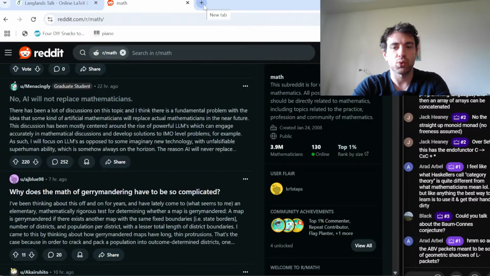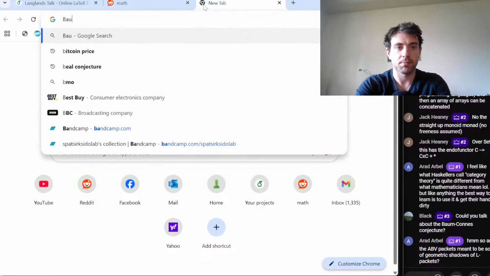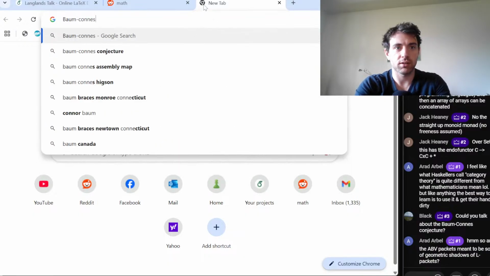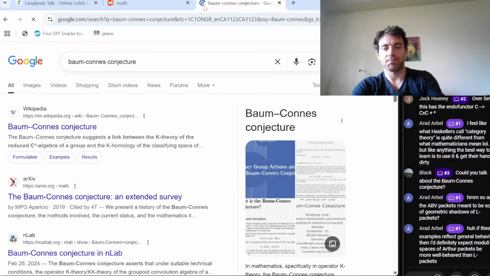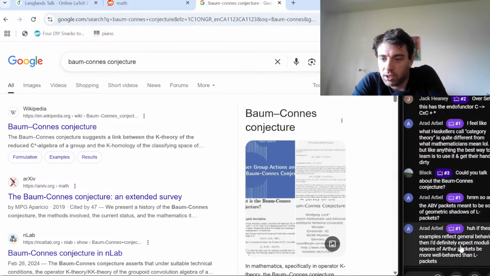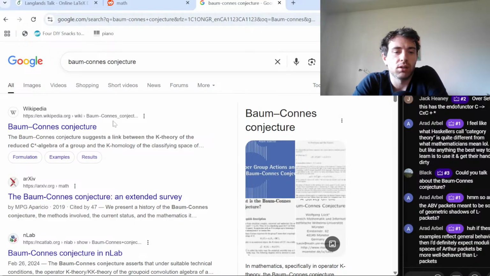Now, let's look at the Bohm. I don't know how to say the names correctly. If these examples reflect general behavior, then you definitely expect the moduli space of Arthur parameters to be better behaved than L packets. I don't know if there is any such thing.